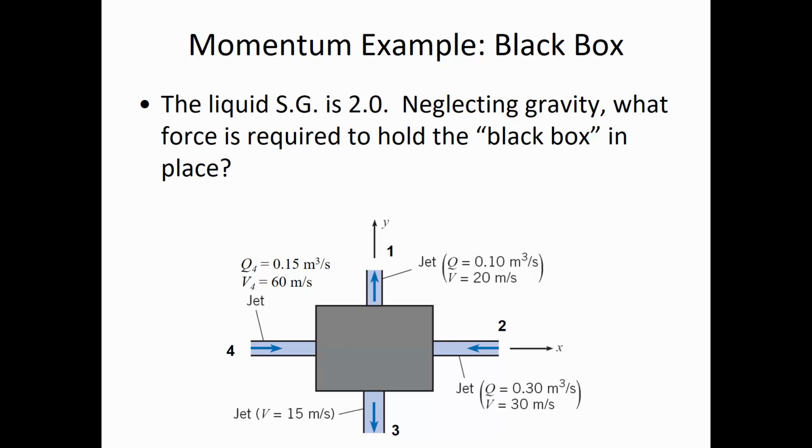And remember, account for the direction of the velocity. That's a key part of getting these problems right. Is the jet going to the left? Then it's negative. Is it going down? Then it's negative.